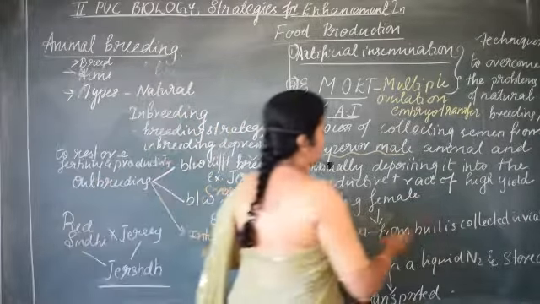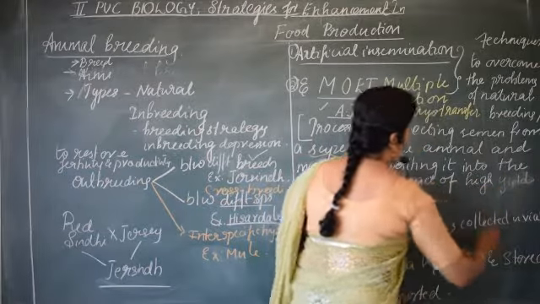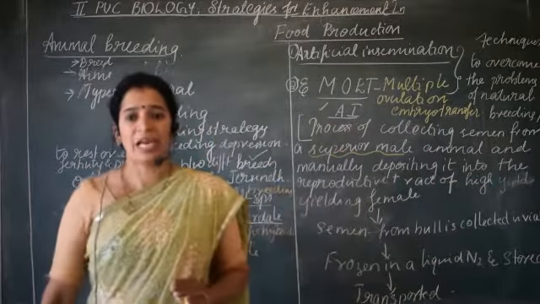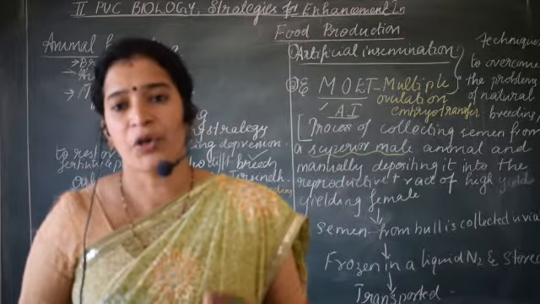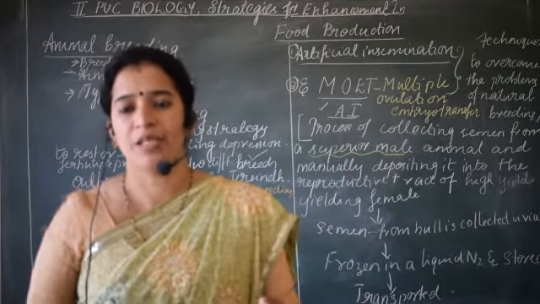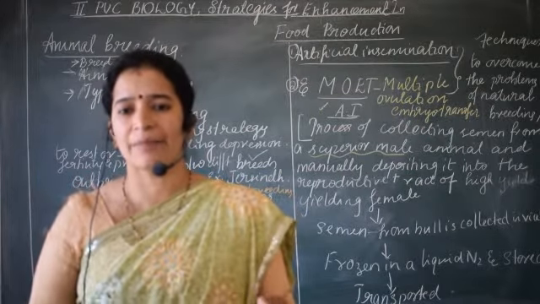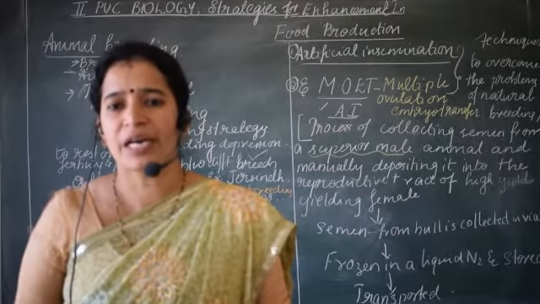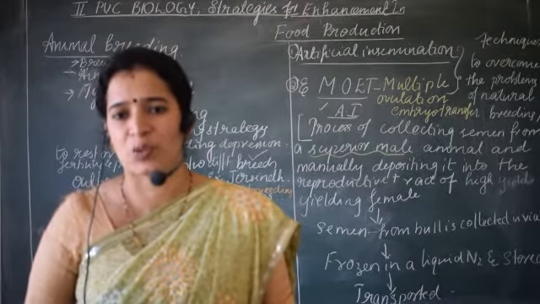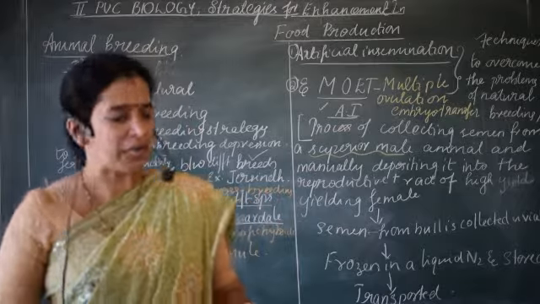That technique is called artificial insemination, and this technique is useful to produce animals having more disease resistance value as well as getting more yield.